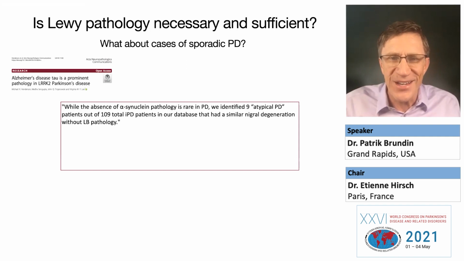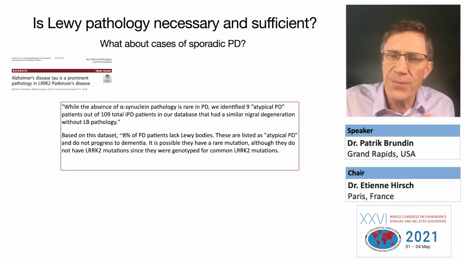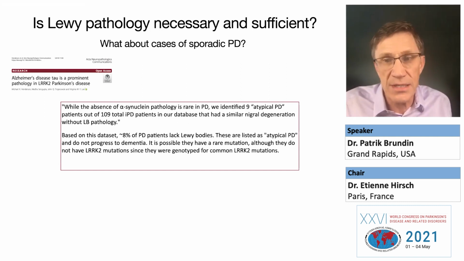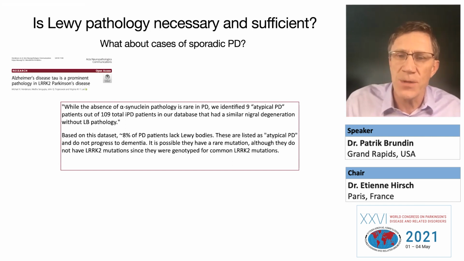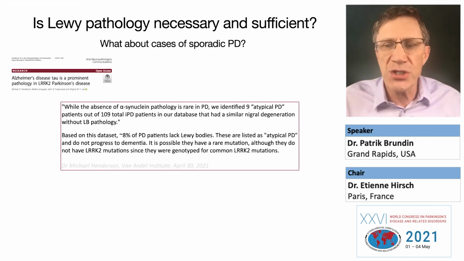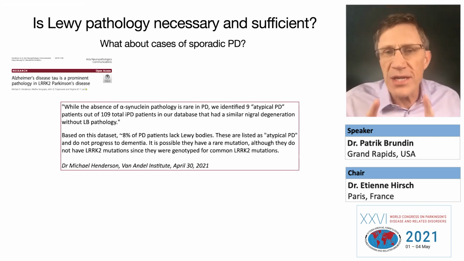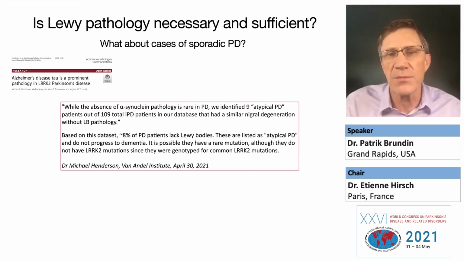So I actually emailed Mike yesterday to say, tell me a little bit more about this. Do you have any more updates on this? And he basically says that 8% of the PD patients lacked Lewy bodies, and they were listed as atypical PD, and they didn't progress to dementia. And as he wrote to me, it's possible that they have a rare mutation, although they don't have LRRK2 mutations because they were genotyped for the most common LRRK2 mutations.